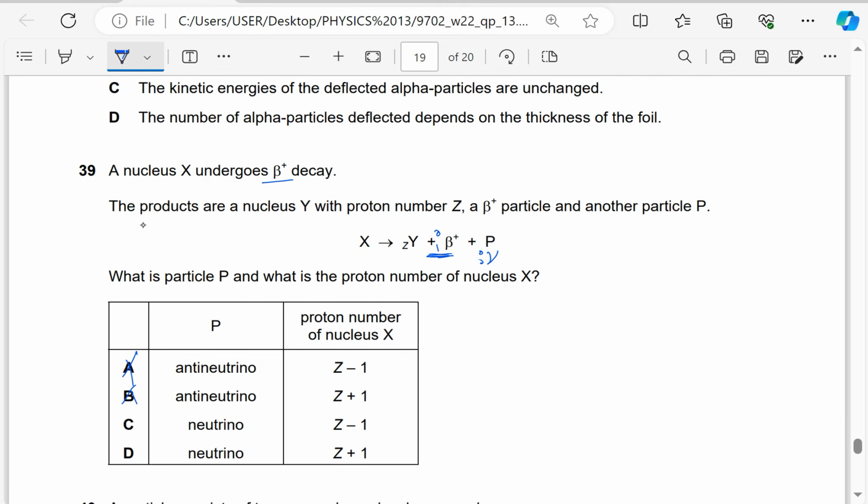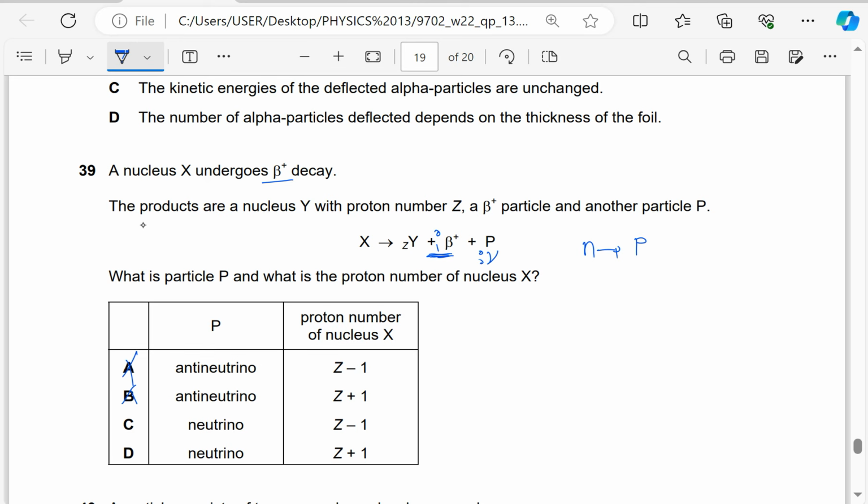And if P is a neutrino, this is going to be, when I add, Z plus 1. What happens to the proton number? Of course, the proton number has increased by 1 because it's like a neutron has changed into a proton.